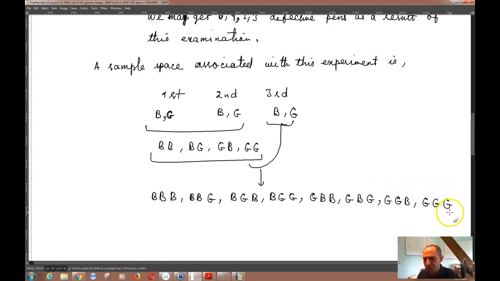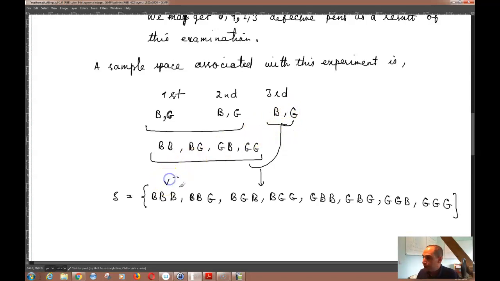So you will get all of these outcomes as a result of this examination, and that is your sample space.